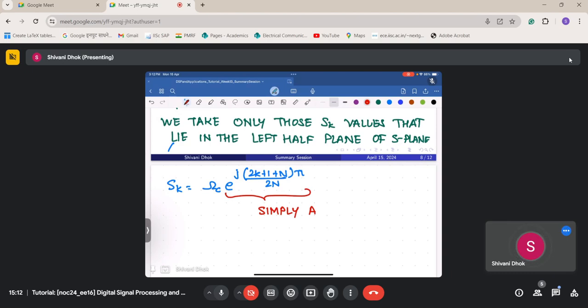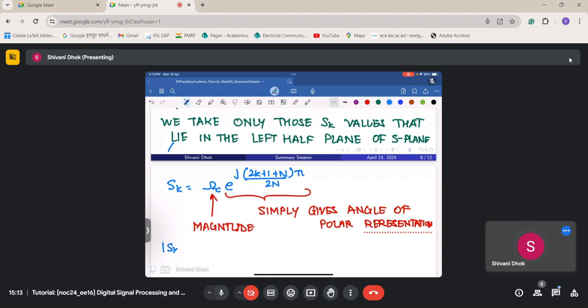So this simply gives the angle of the polar representation, and this gives the magnitude. The magnitude of Sk is equal to omega c, which is constant, and what changes is simply this angle, (2k plus 1 plus n) by 2n into pi.